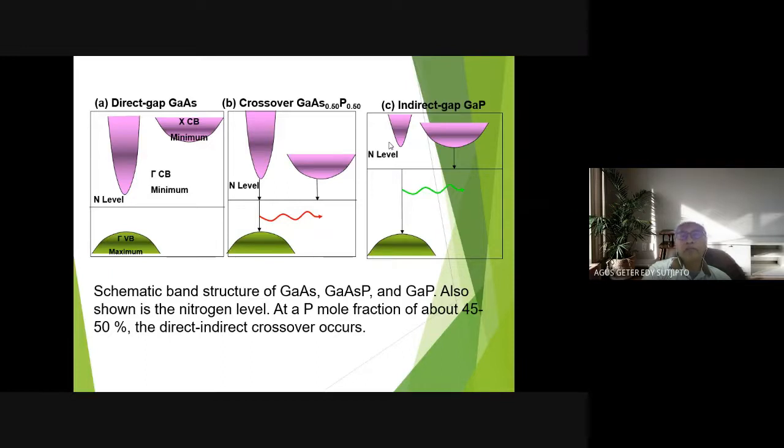The crossover means that with different compositions between arsenide and phosphide, and then going to gallium phosphide, that will be an indirect band gap.